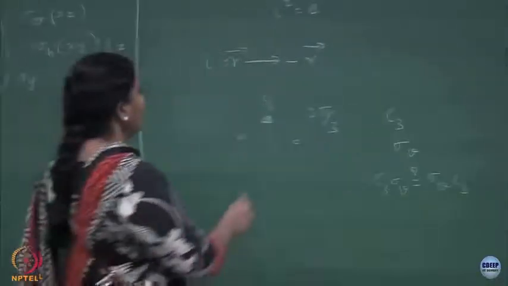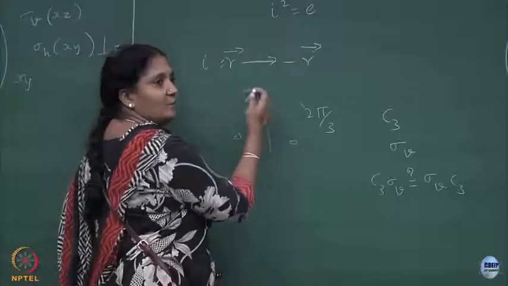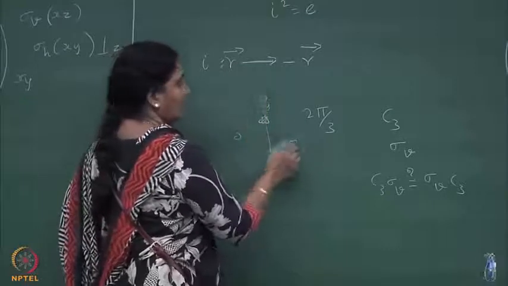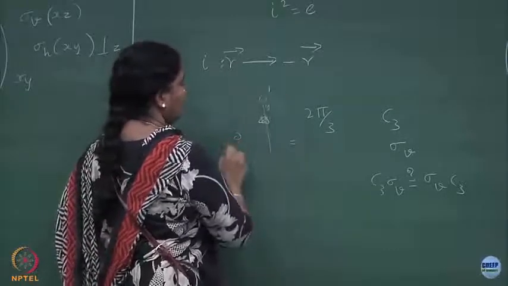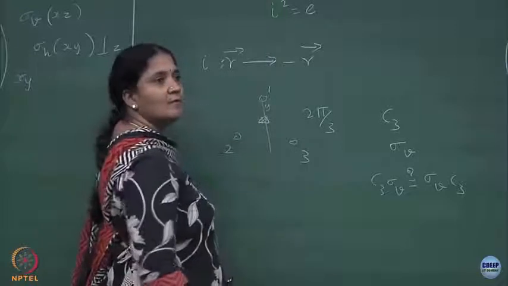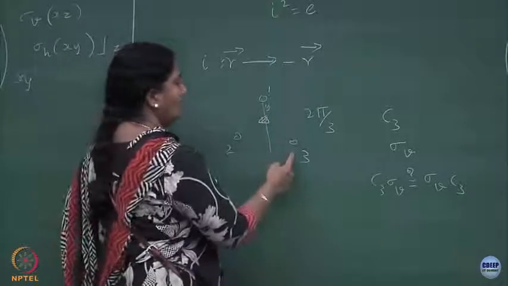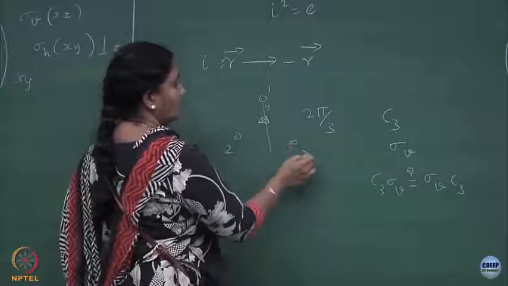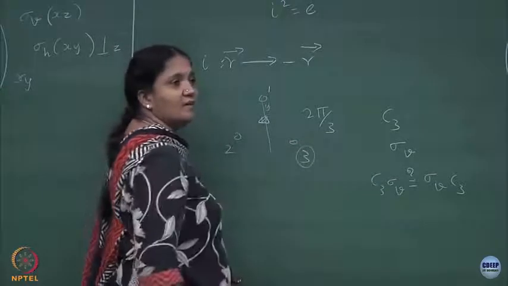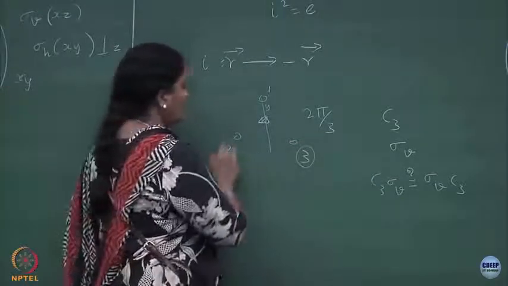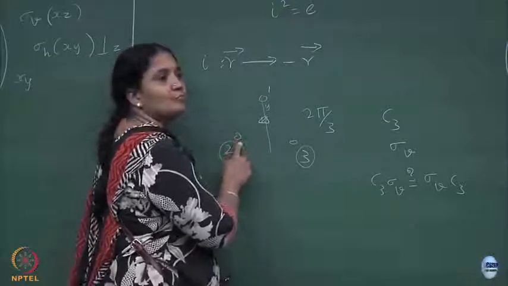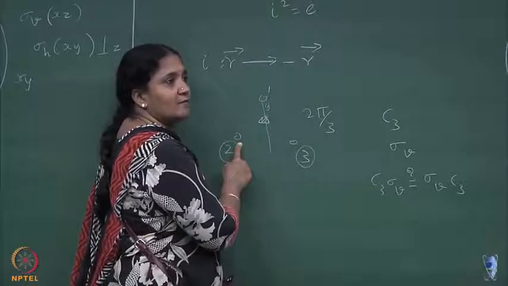So, if I do a mirror symmetry, let us keep the mirror here, let me number the atoms. So, when I put the mirror, and let us concentrate on atom 3, atom 3 goes to atom 2, right.